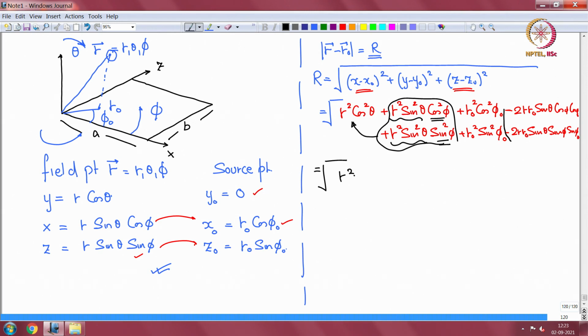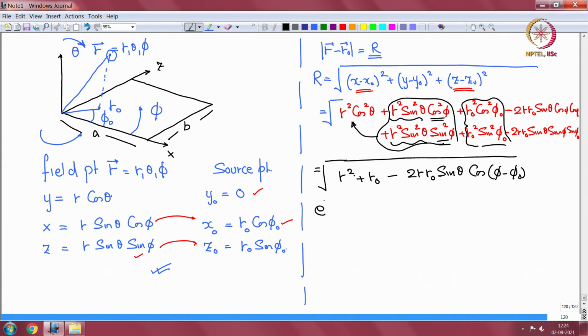Now this gives me r0 square plus r0 square, and I have minus twice r0 sin theta cos phi 0 plus sin phi 0. So cos of phi minus phi 0 and the root. This is r. Okay, so this r will sit as e to the power of minus j k r and r in the Rayleigh integral.